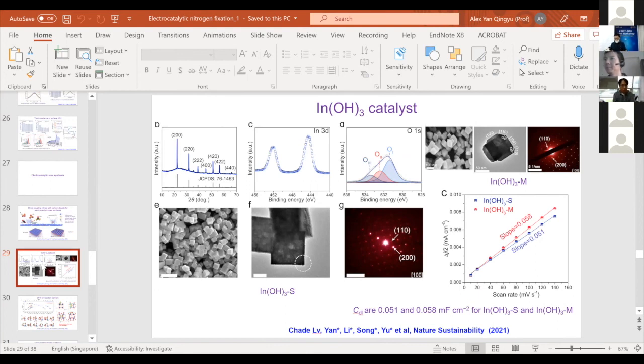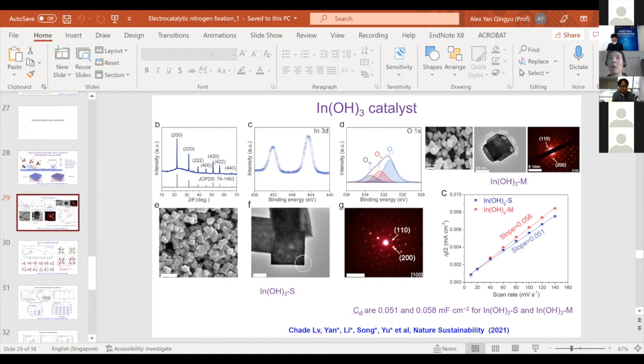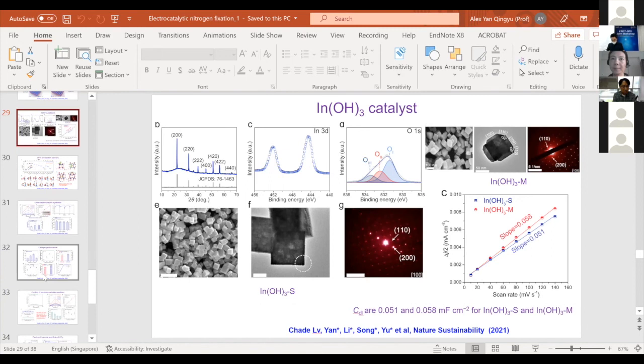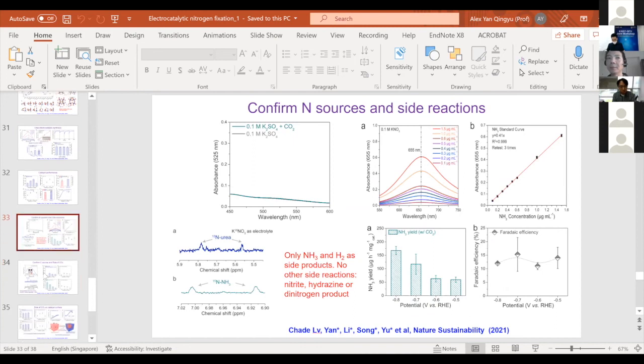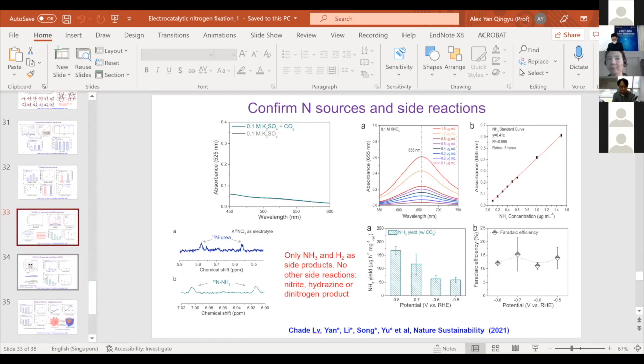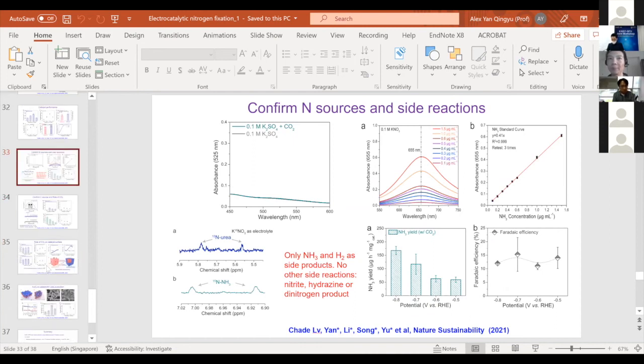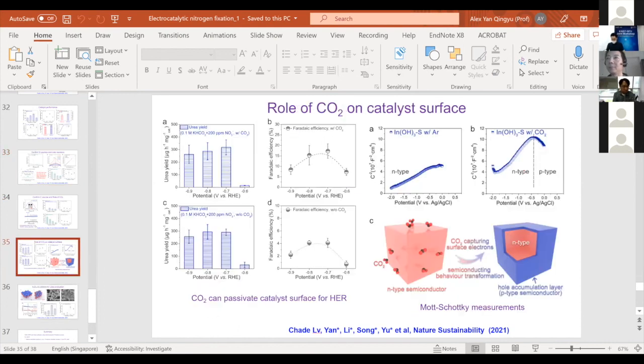So I'm wondering if you have detected any formate formation. And the second question is that indium should be reduced to a metallic phase under high overpotential. So have you measured the valence state of the indium oxide hydroxide after urea formation?